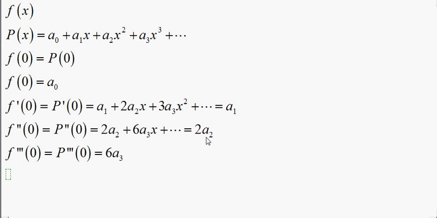And then you keep doing it, you would get 24a4. Let me just write the whole thing out so it's more explicit. P fourth prime of 0 equals 24a4. Then if you do it again, an easier way to write the primes is to write 5 in parentheses. That's not to the 5th power.